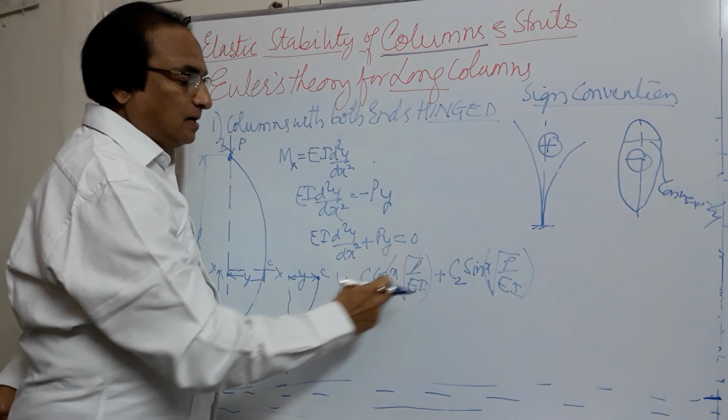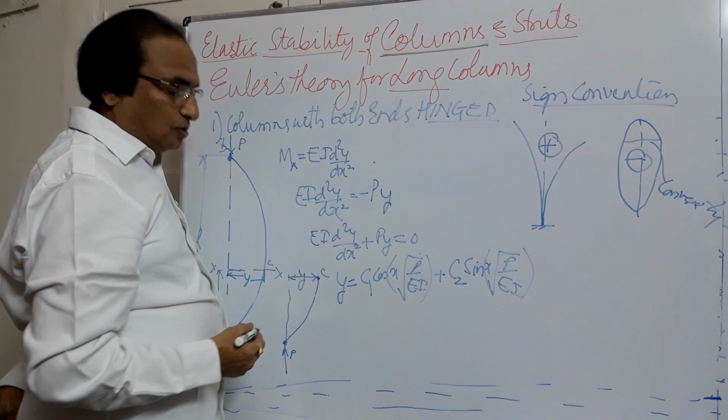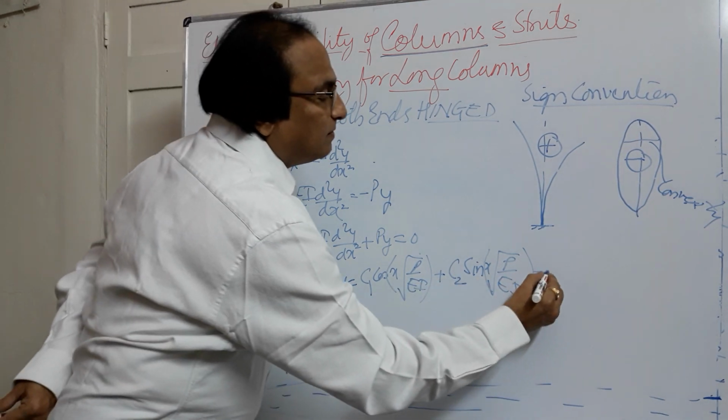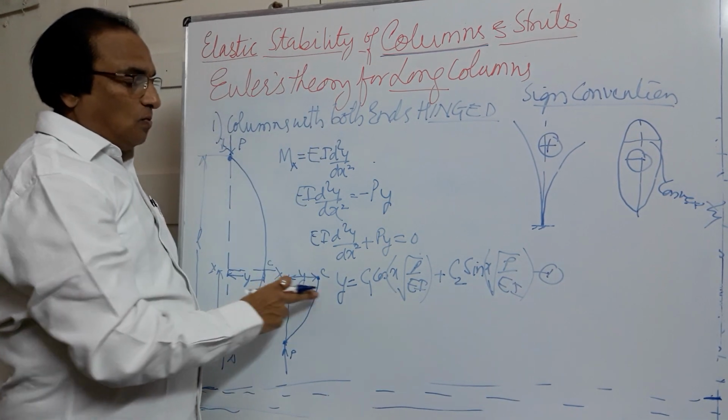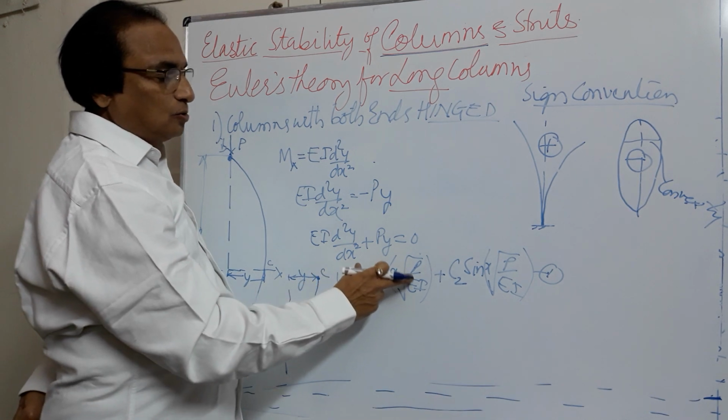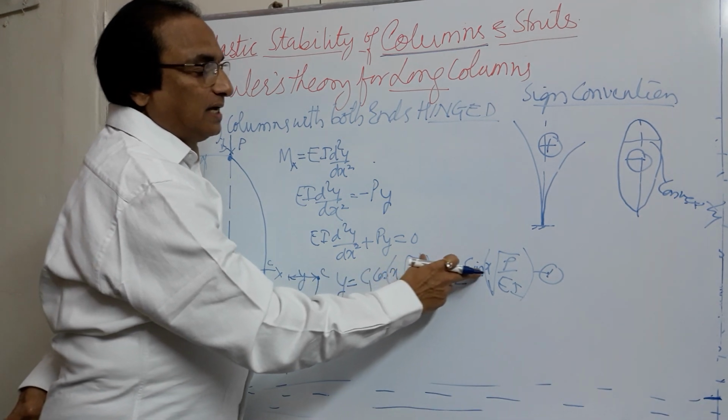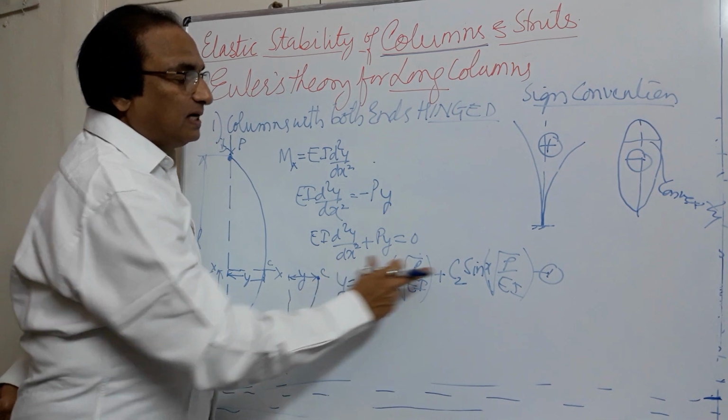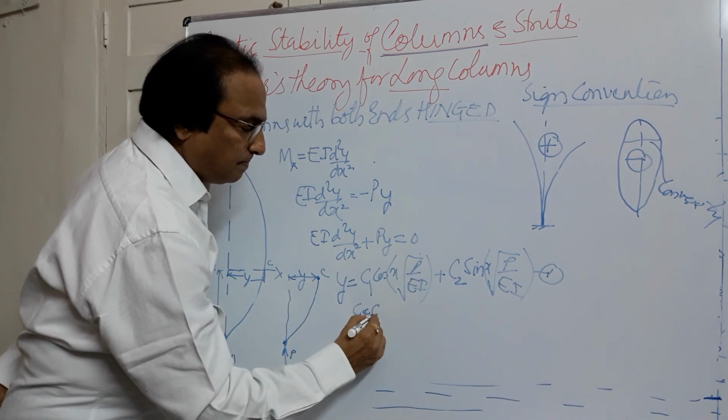This is like cos theta and sin theta. So this is the solution for the differential equation. You will have to remember this. y is equal to c1 cos x root P by EI plus c2 sin x root P by EI, where c1 and c2 are constants.